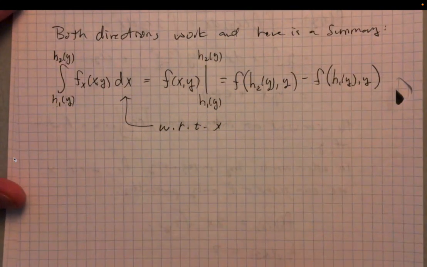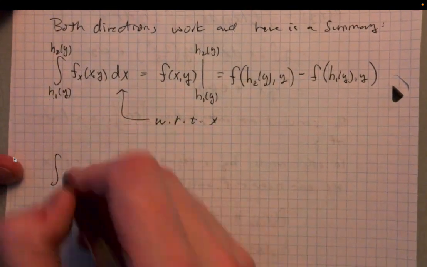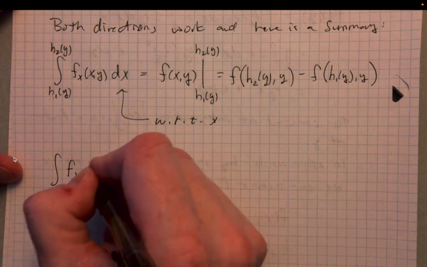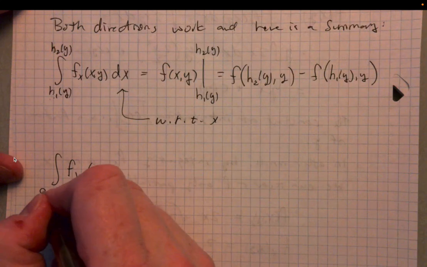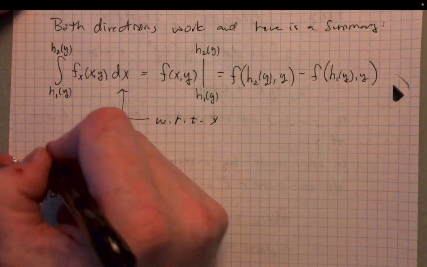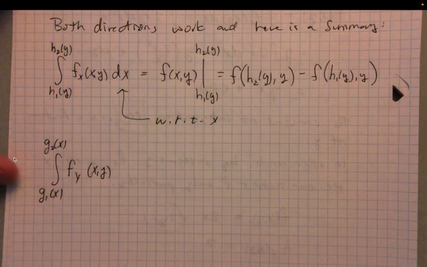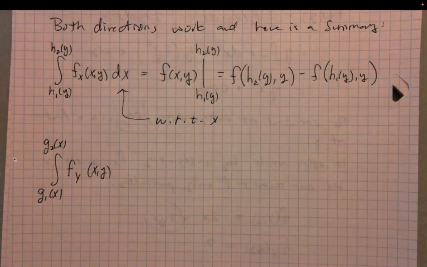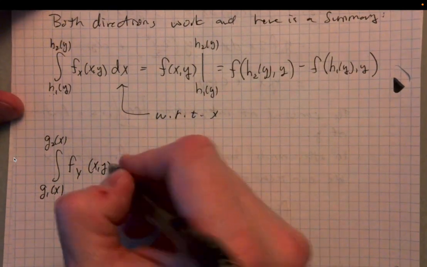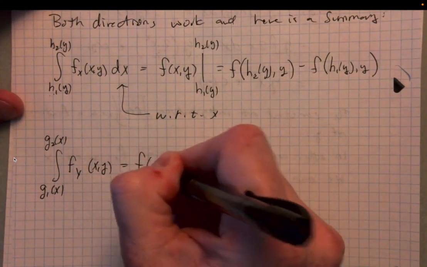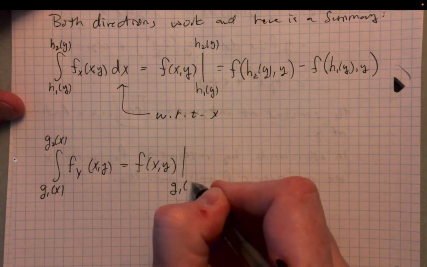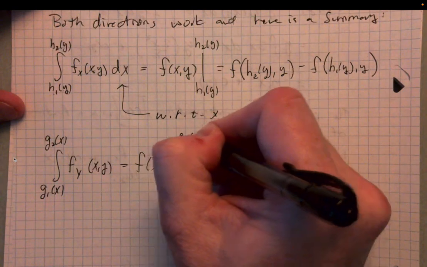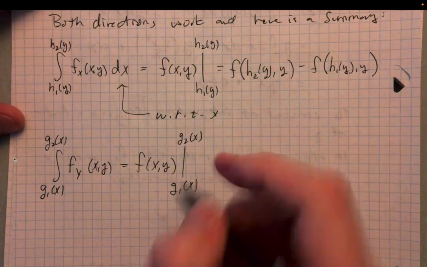Similarly, if I want to integrate with respect to y, I'm going to start with a partial with regard to y, and here I'm going to have two functions of x as my limits. Again, either or both of these could be constants depending on the setting. When I integrate that, I get back f of x, y, and I can evaluate that using the limits of integration.